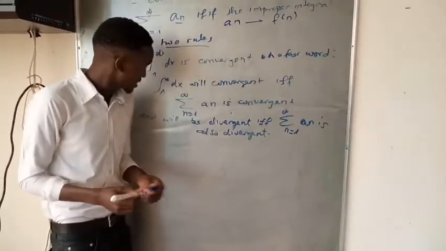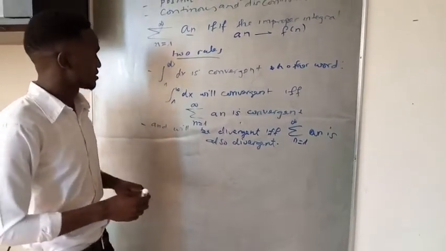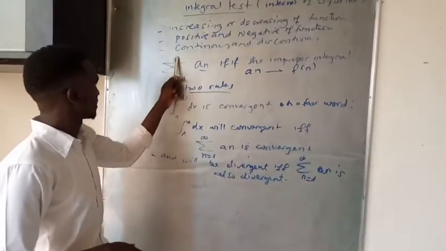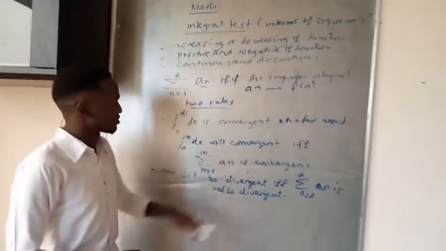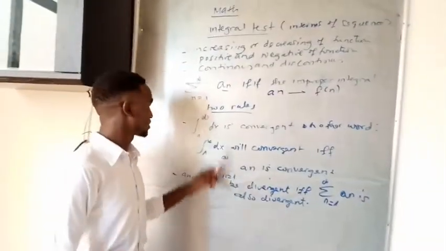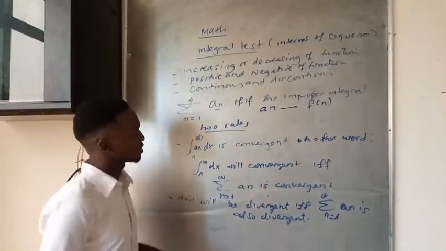So, dear students, these are the two rules you have to think about for the integral test. If you compute the summation from n equals 1 to infinity and you find that it is convergent, then conclude that the integral of an will also be convergent.